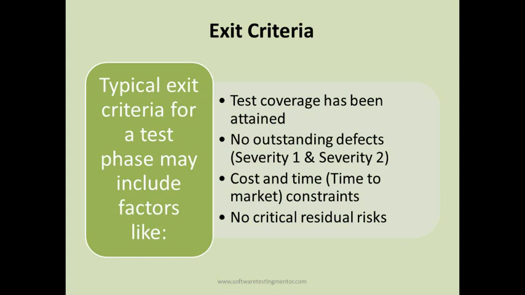If that is achieved, then they'll exit. If that is not achieved, then they'll add more test cases to achieve that coverage level mentioned in the exit criteria. Then there are no outstanding defects, so there should be no outstanding severity 1 and severity 2 defects in the build. All the defects should be fixed and retested by the test team.